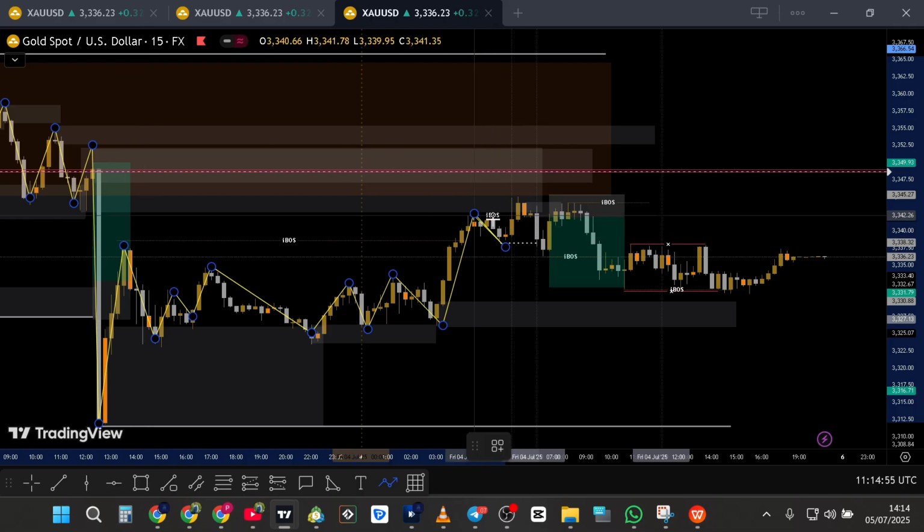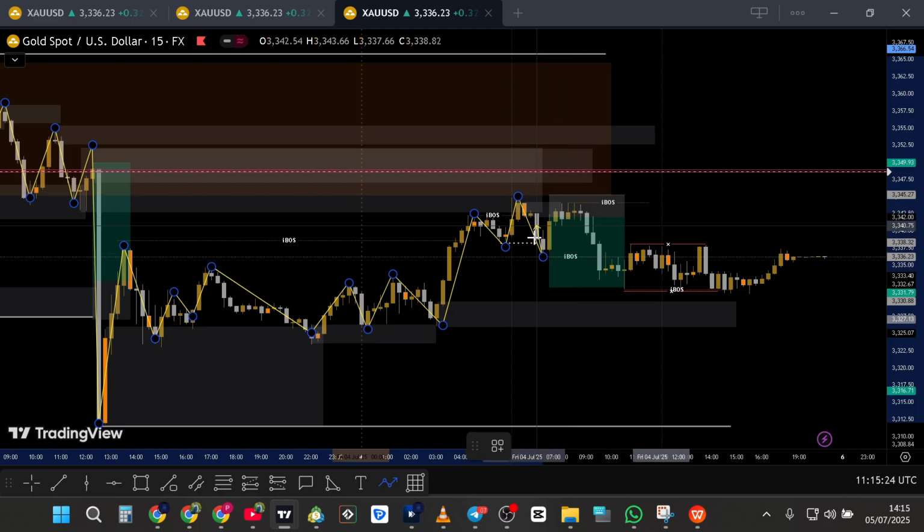This was a pullback or an IBOS, internal break of structure, and then price pulled to the upside, so I had to draw that on, and then came down, which now from this point we can see that price did react to this supply before continuing to the downside.